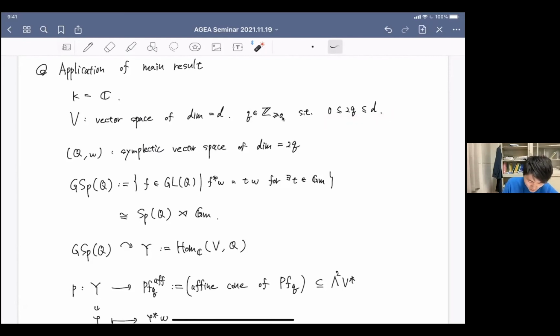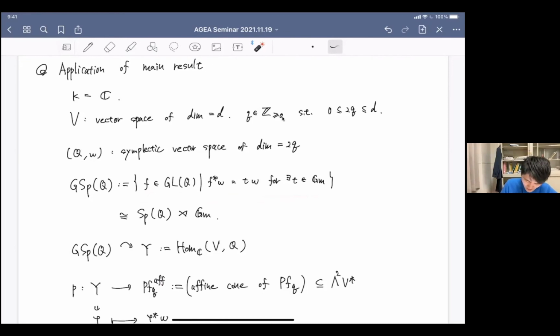And let (Q, omega) be a symplectic vector space of dimension 2 times Q. And let GSp(Q), the similitude symplectic group, be defined in this way.